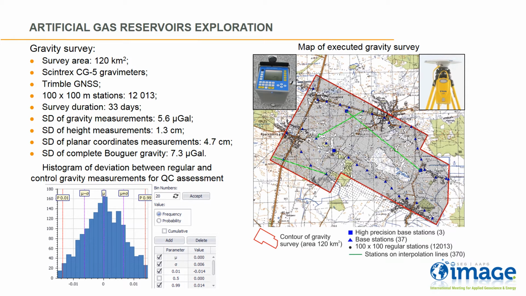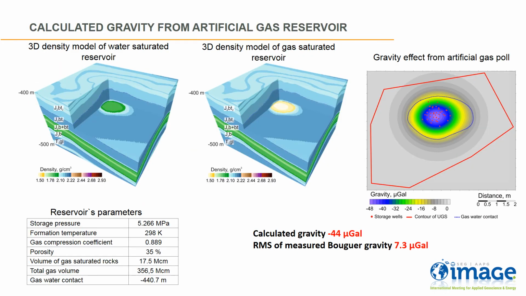Standard deviation of complete Bouguer gravity was 7.3 microgal. This accuracy is more than twice lower than the theoretically calculated gravity effect from the artificial reservoir of Olyshivka UGS, which is between 14 and 44 microgal.